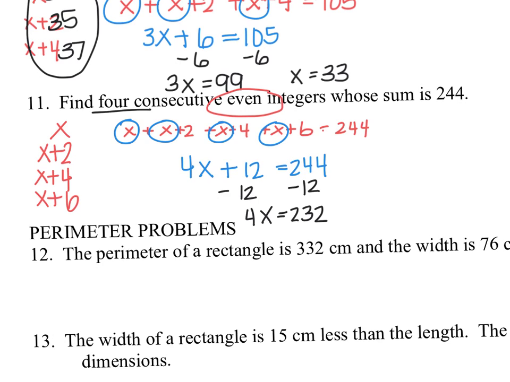Divide by 4 on both sides. You get x equals 58. Which means your first even number was 58. Then 60, then 62, and then 64. And if you add up all 4 of those even numbers, you're going to get 244.